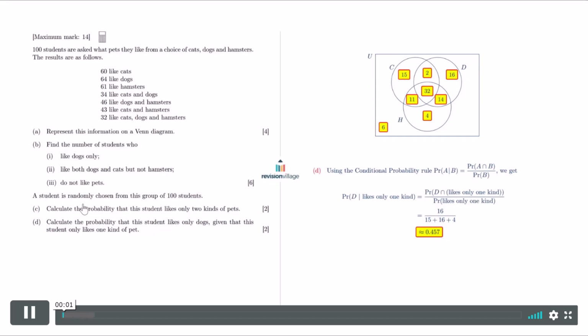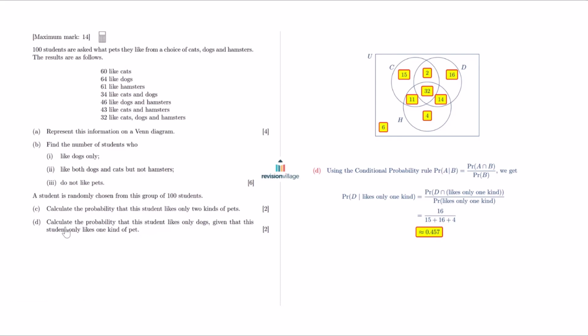Part D. Again, a student is randomly chosen from this group of 100, and we are asked to calculate the probability that this student likes only dogs, so not cats or hamsters, given that this student only likes one kind of pet. When we see "given" here, this is usually a sign that it is a conditional probability question, which is the case.